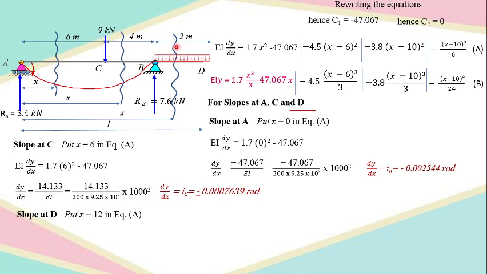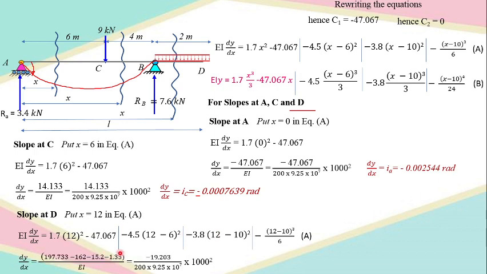So put that value x is equal to 12 in equation number A again. Now think how many terms are to be included. For x is equal to 12, the first term is valid for all the three sections, so I have to consider all the various terms, right? So put the values and simplify it. You will be getting slope at D is equal to minus 0.0001038.